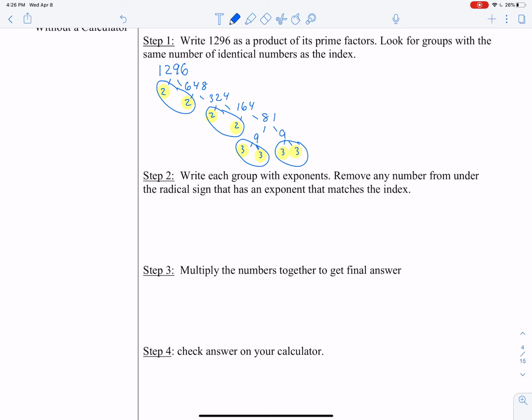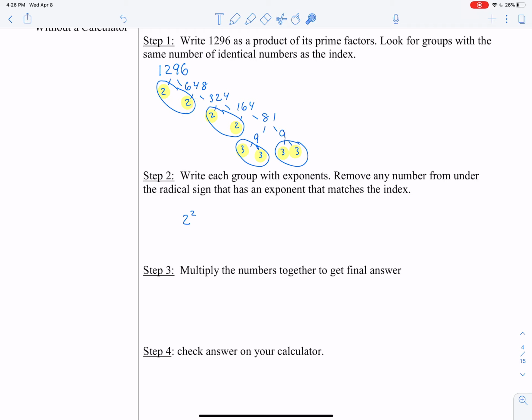Now I'm going to write each group with its exponents. So this is slightly different. Instead of counting up all the 2s, so 1, 2, 3, 4, and writing 2 to the 4, I am going to keep things in their circled groups. So I'm going to write 2 to the 2, because inside this group I have 2 2s.